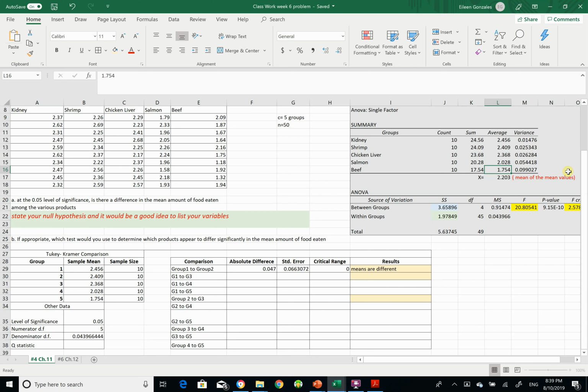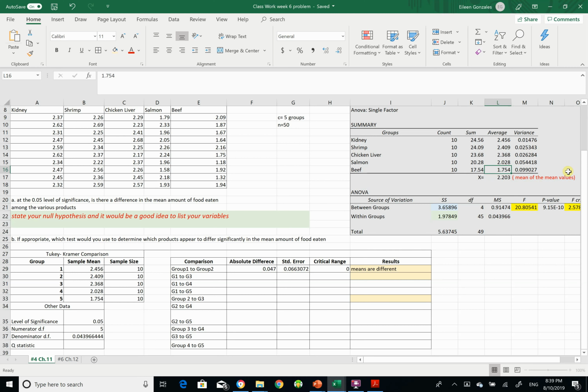There are quite a few different tests, but we are going to talk about the Tukey-Kramer comparison procedure for one-way ANOVA to determine which of the means are significantly different. This procedure enables you to simultaneously make comparisons between all pairs of groups. The procedure consists of 4 steps.